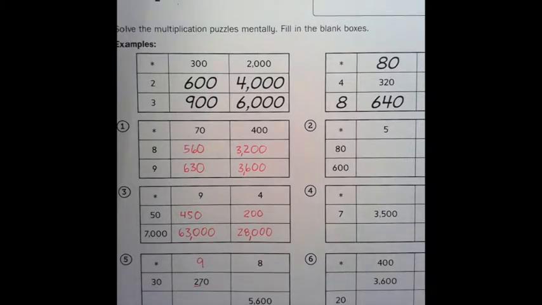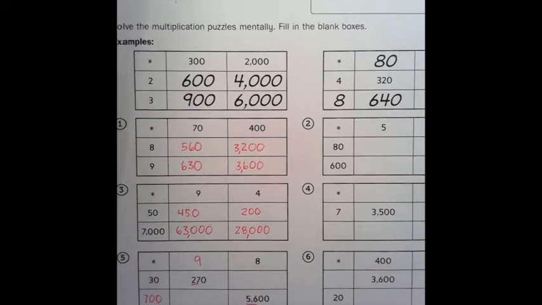What times 8 will get us 56? Well, I know that it's 7. Since there are 2 zeros here in our extended fact, and there are no zeros here in the 8, I've got to add my zeros here to the 7. So it's going to be 700 over here. Now we can go ahead and fill in the rest of our boxes.